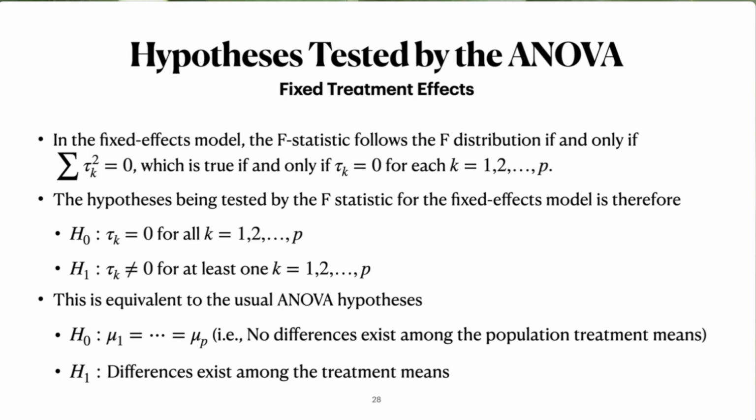At least one of the population treatment means is different than the others. So these are the hypotheses that are being tested with that treatment F statistic if we are dealing with a fixed treatment effect model.